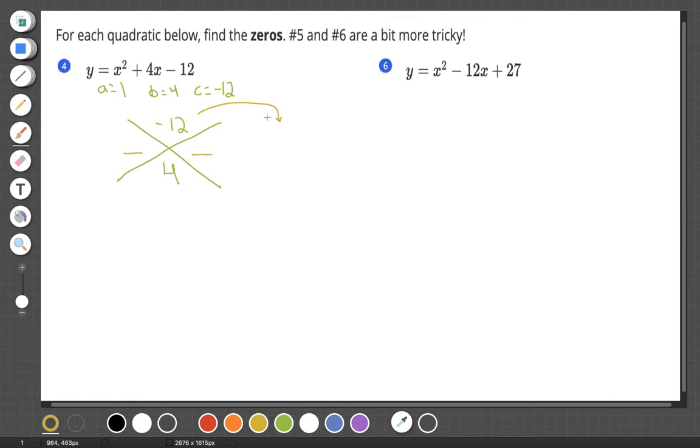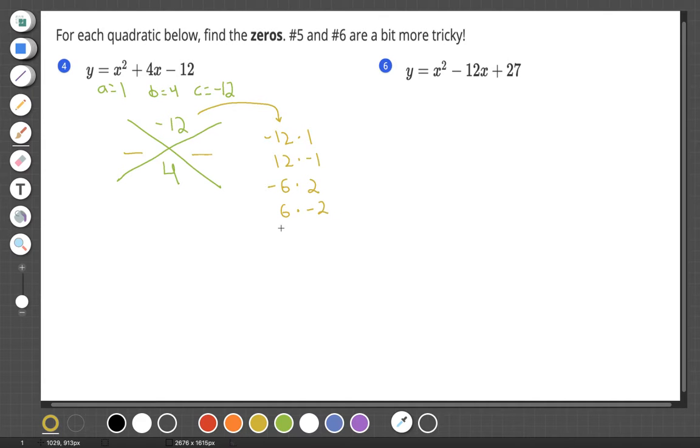So I'm going to write out what are some things that multiply together to get negative 12. Well, we can always start with negative 12 times 1. It also could be 12 times negative 1. Don't forget that that negative can flip places. I think of the number 12 and I think of 6 times 2 as well. Well, it's negative 12, so one of those has to be negative, so negative 6 times 2, or, of course, 6 times negative 2.